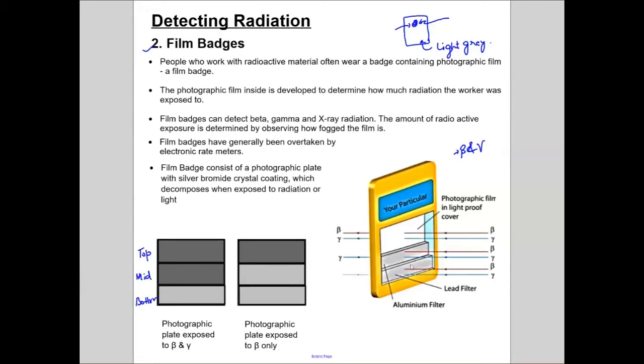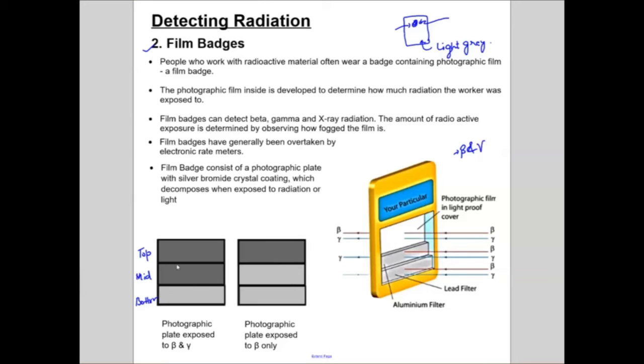The middle section would again turn dark because although this aluminium filter can stop the beta radiations, your gamma radiation would still be able to pass through.